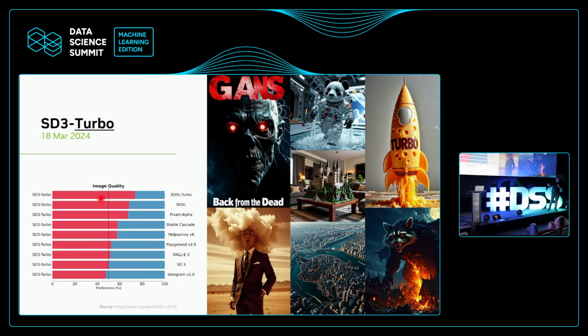On the left-hand side, you can see SD3 Turbo. On the right-hand side, you can see other available diffusion models. The longer the red bar, the more preferred SD3 Turbo is. And it outperforms almost every model.